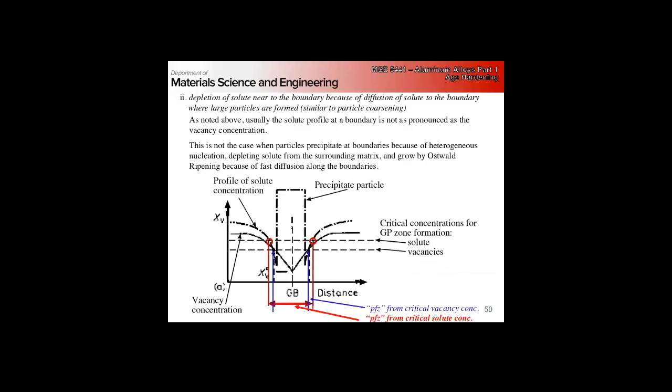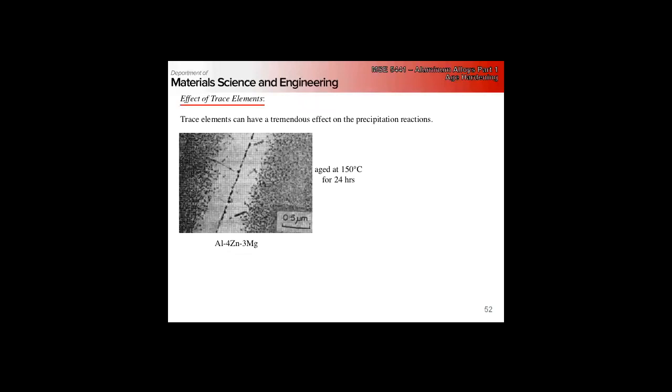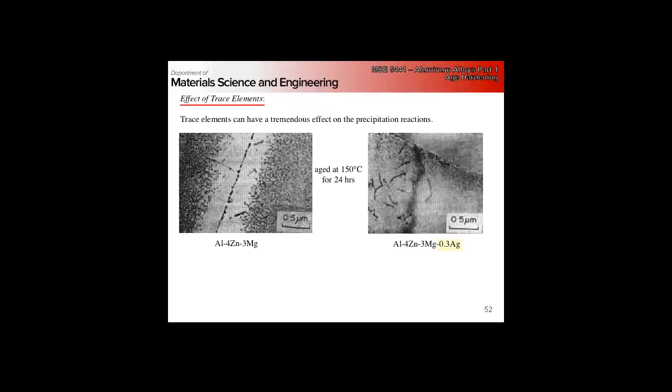The other is that trace elements or other impurities can lead to heterogeneous nucleation at the grain boundary, which starves out the solute near the grain boundary. So you can either be in a solute starved regime or a vacancy starved regime for a precipitate free zone.